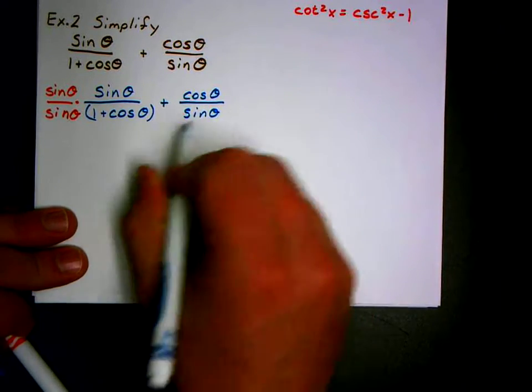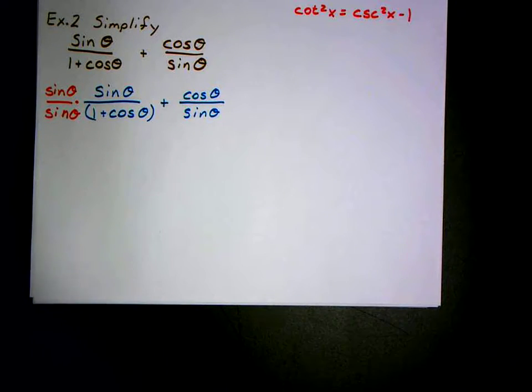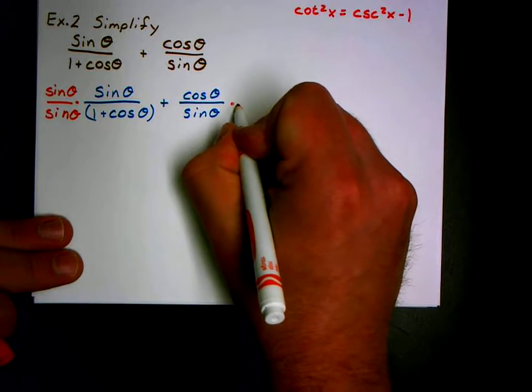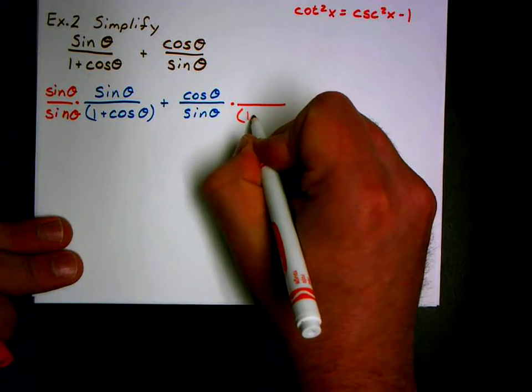Okay, and what is this one over here missing? It needs that 1 plus cosine theta, right?